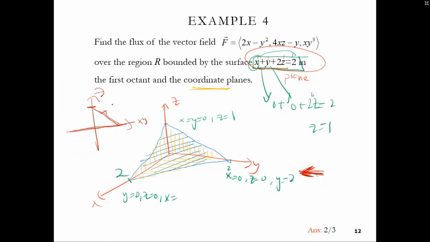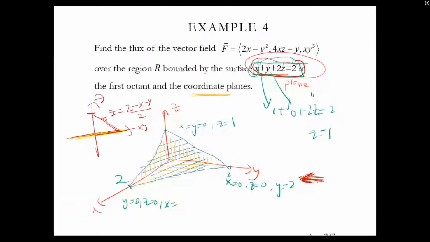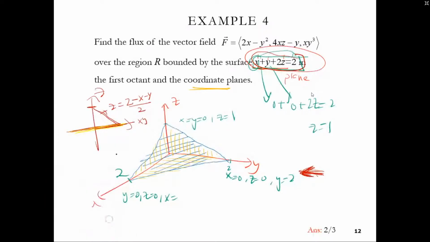This should be the upper limit for Z. You need to solve for Z here: Z is (2 minus X minus Y) over 2, until the XY plane. So we already get the limits for Z: from 0 until (2 minus X minus Y) over 2.